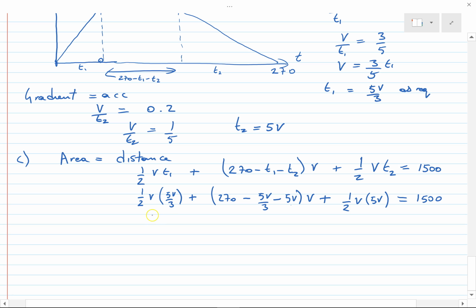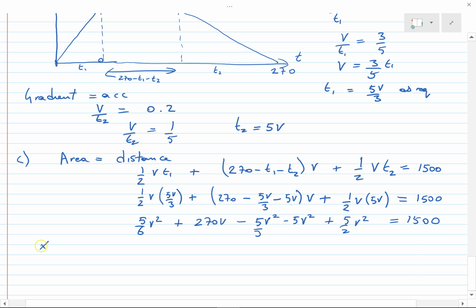Let's multiply this out then. We have 5 over 6 v squared, plus 270v, take away 5v over 3 squared, take away 5v squared, plus 5 over 2 v squared is equal to 1,500.